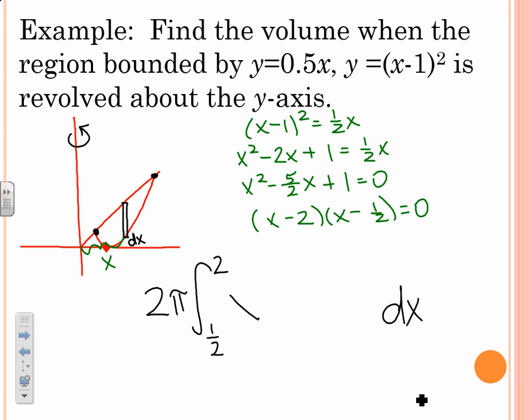That is our radius. Then we need the height of each of these rectangles. So all we have to do is top minus bottom. Our top function is our line, minus the bottom function, which is the parabola.